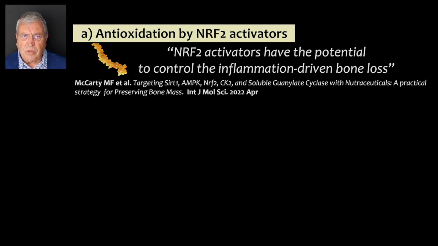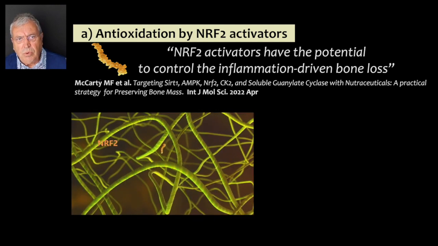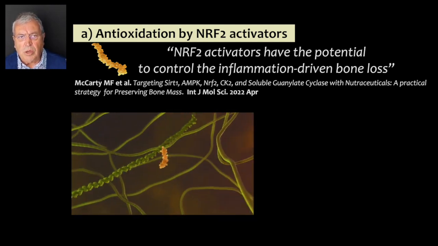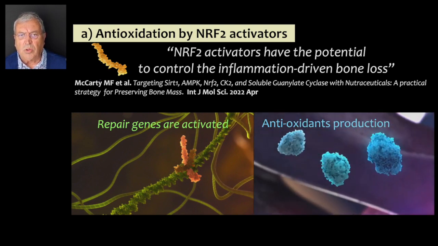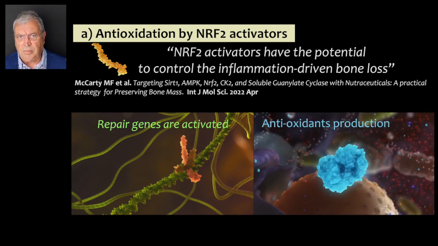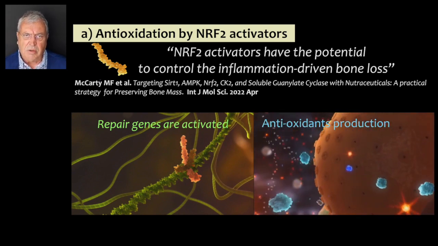And the activators have the potential to control the inflammation-driven bone loss. The NRF2 will go into the nucleus on the genes, activating them in order to produce antioxidants. And they will go to neutralize all the oxidants at the site.